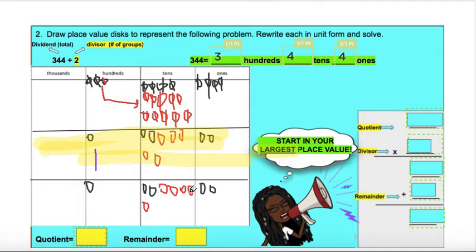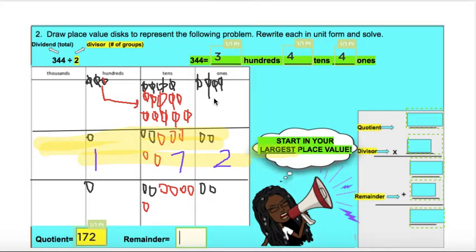Count those discs. Good, 7 10s. And how many 1s did we have? Good, 2 1s. What's that number? 100, 7 10s, 2 1s. If you said 172, you are absolutely correct.